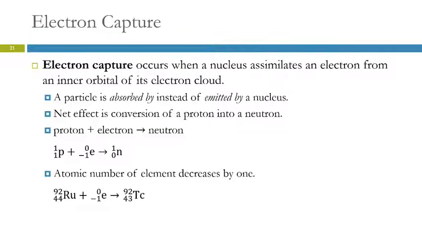So the net effect of this electron being absorbed is that the proton gets turned into a neutron. This is the exact opposite equation of the beta emission. Here what we have is the atomic number decreasing by 1, mass number staying the same, because in the process of electron capture, we're turning a proton into a neutron.